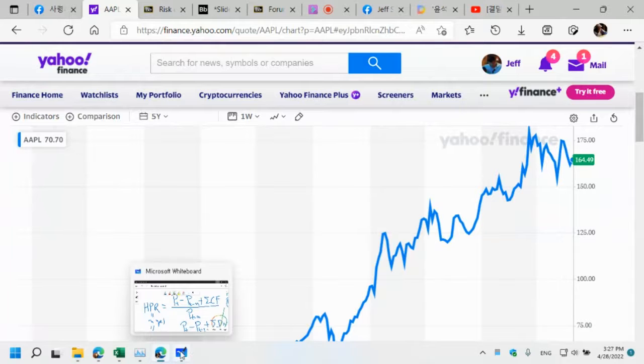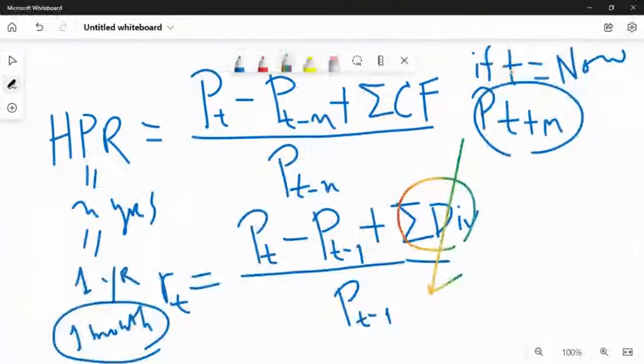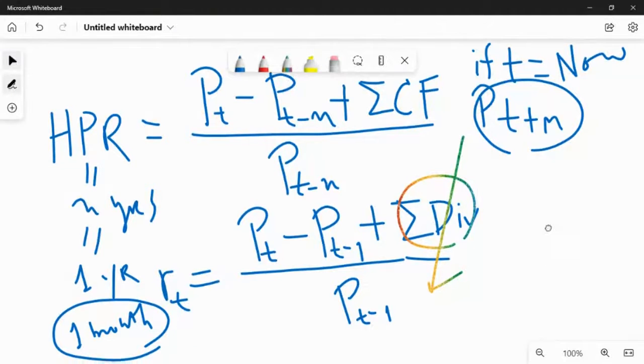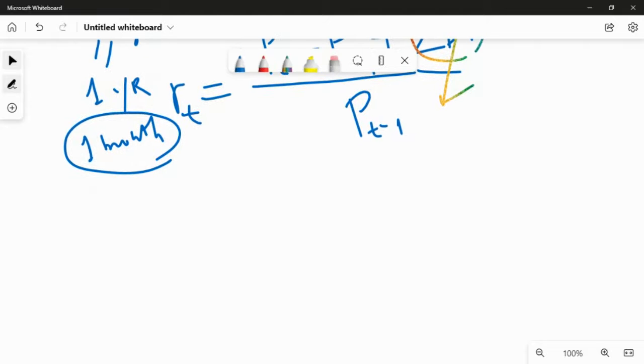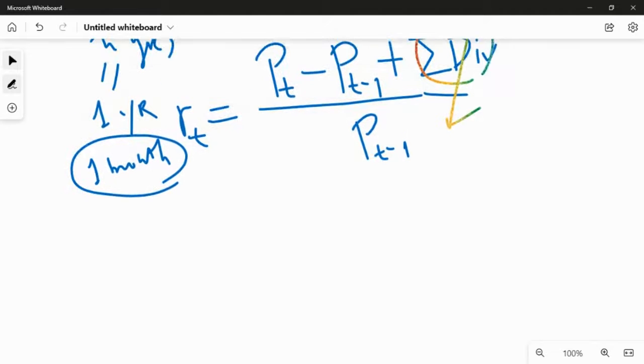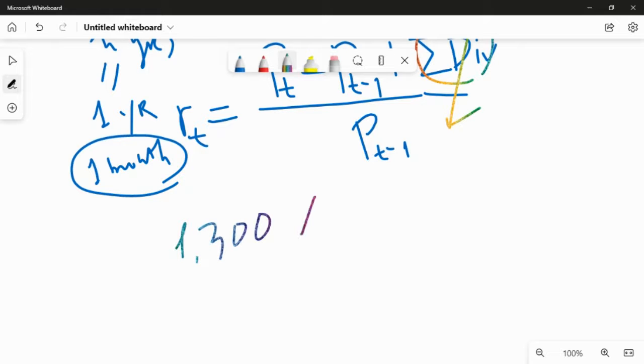it's almost like 1,300 times. Apple's growth over 40 years was roughly 1,300 times, which in percentage is 103,000%, right?